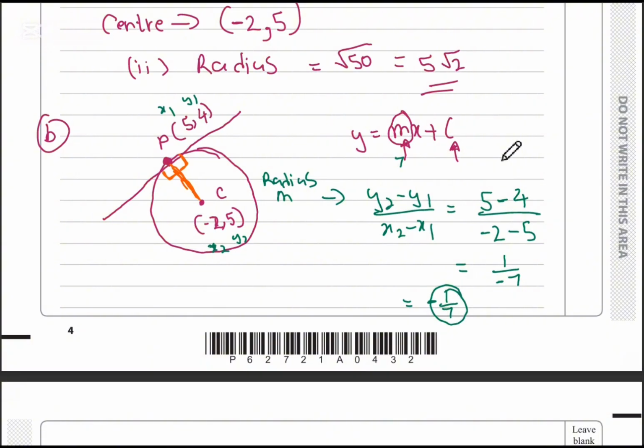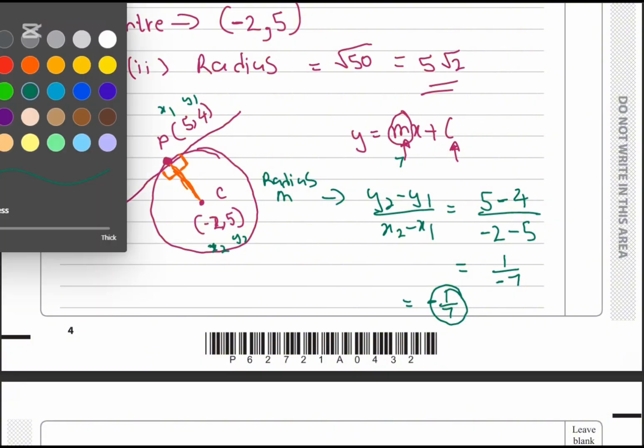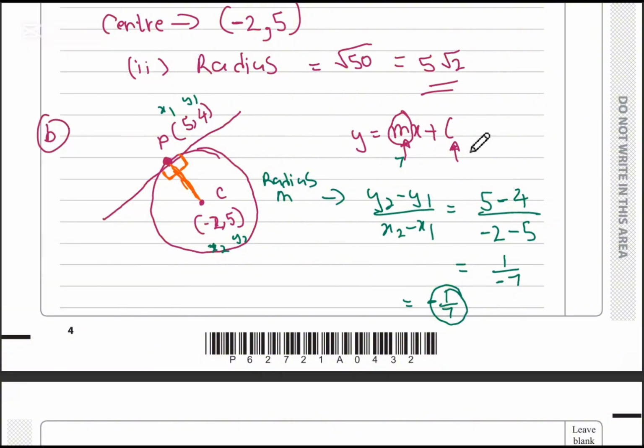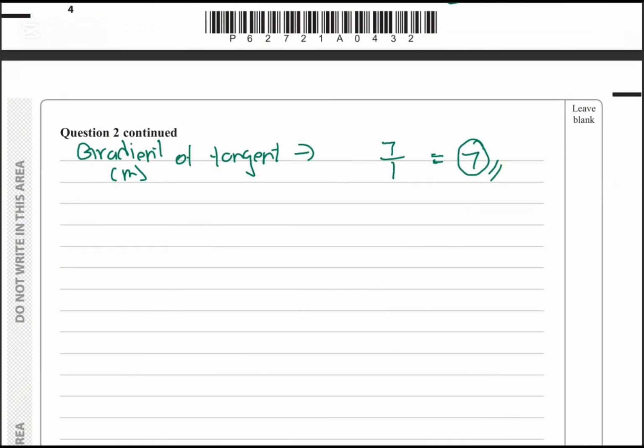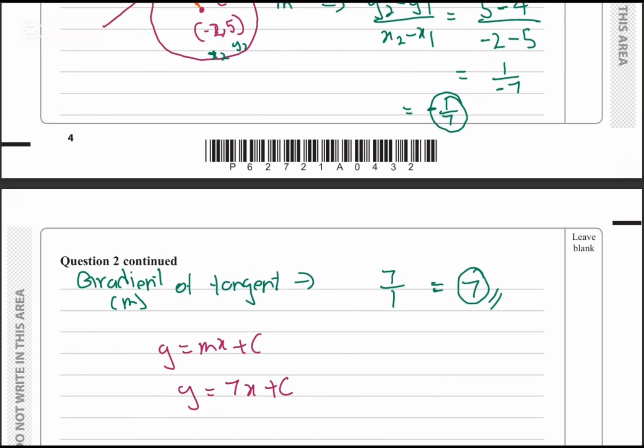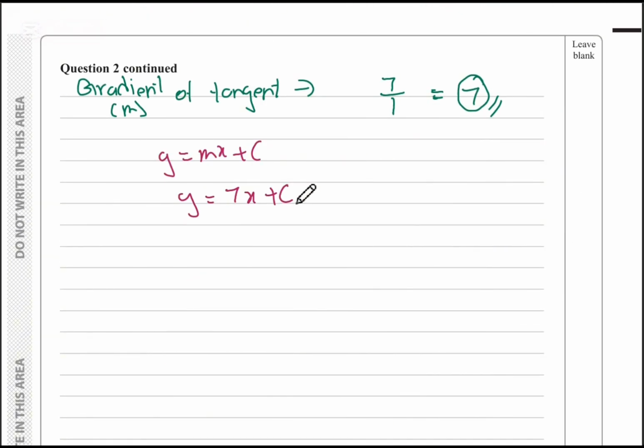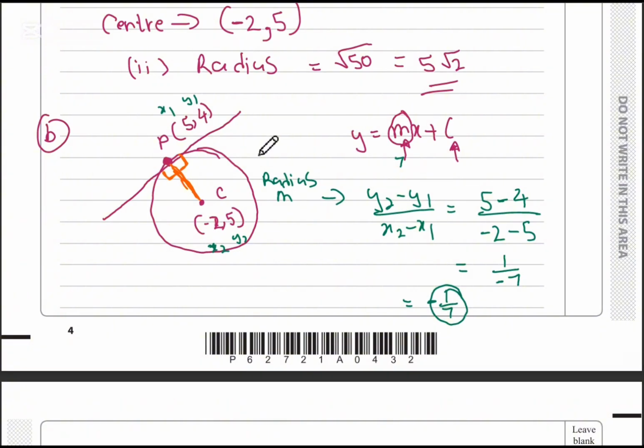Now I'm going to find my c value, which is my y-intercept. I'd write my equation: y equals mx plus c, and m we found was 7, so 7x plus c. To find c, I have to substitute values for y and x, and the values I substitute are simply the coordinates that the line passes through.